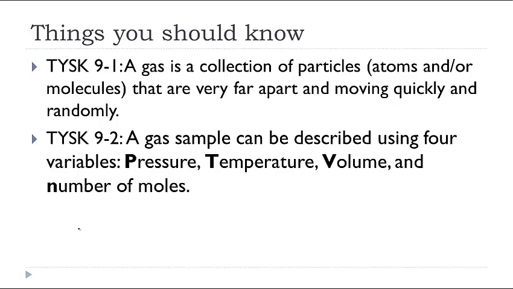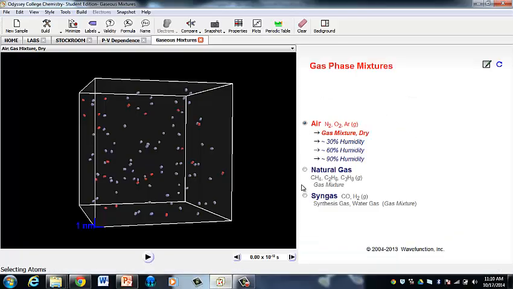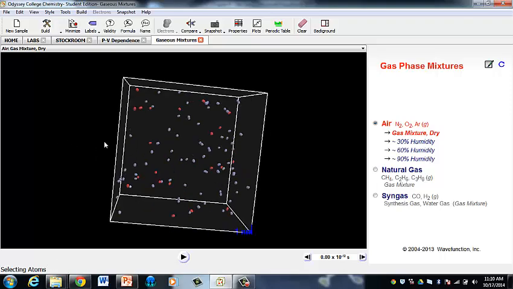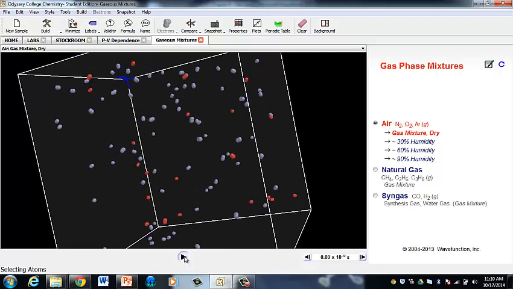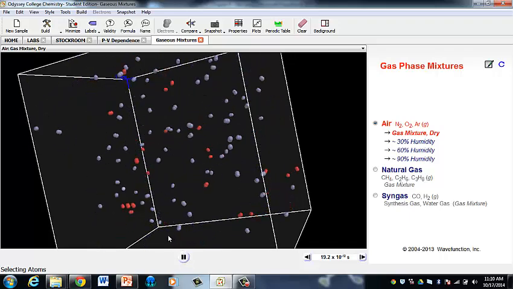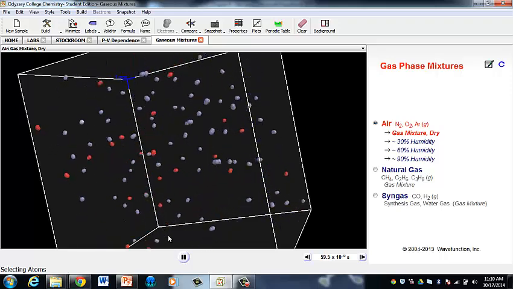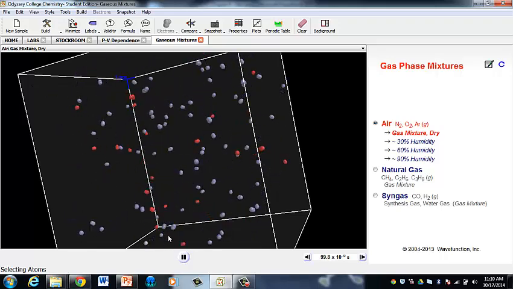All right. So to reinforce that picture, here is a sample of air. I'll zoom in a little bit. So there's a sample of air. You can see mostly these blue diatomic molecules. What do you think those blue diatomic molecules are?